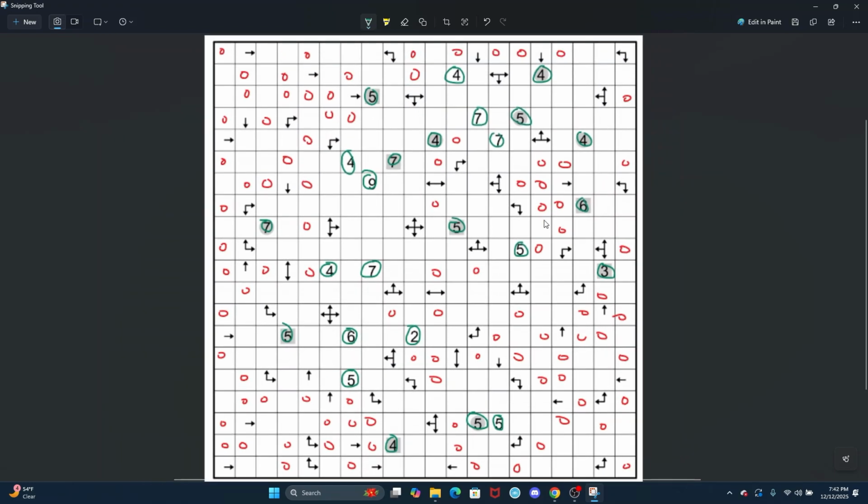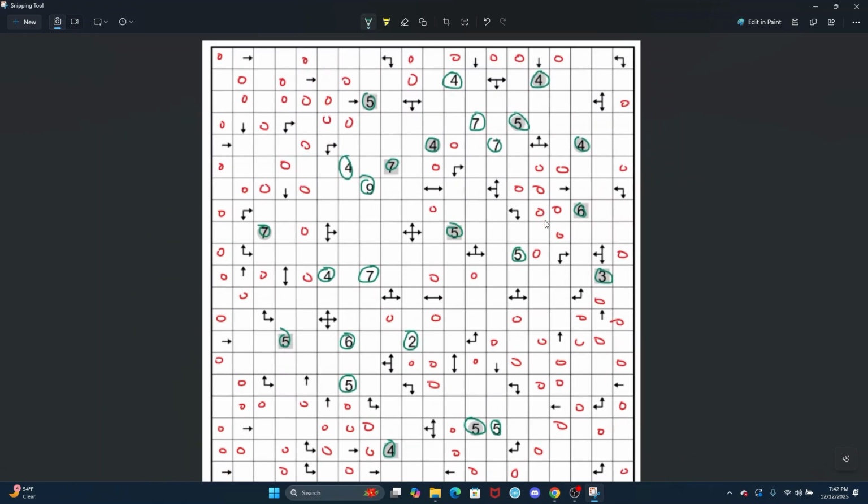Okay, I think that should be all. So now what? There really isn't a fixed place that you should start. You look around, see what you can notice, and then try to go from there. Oh, I missed some red cells here.